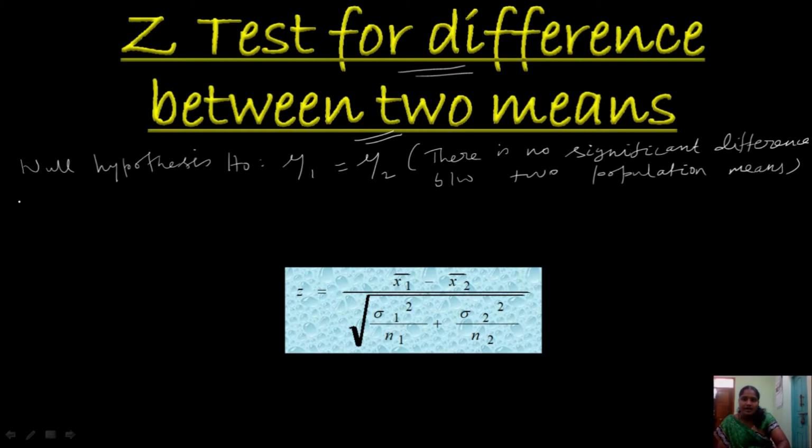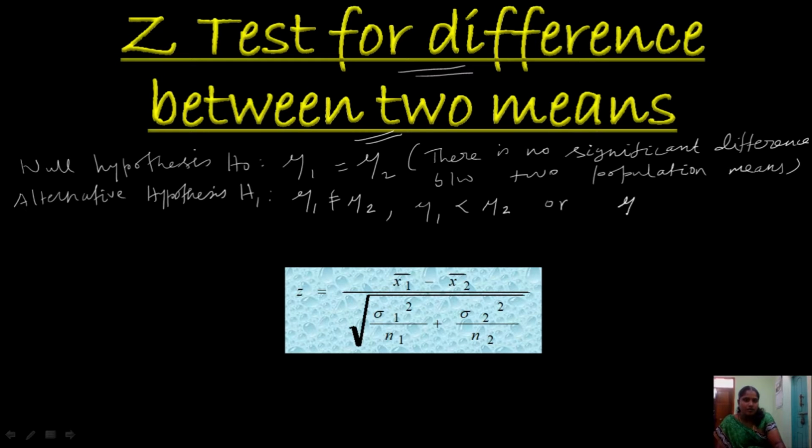Alternatively, I am going to set up my alternative hypothesis, that is denoted by H1. It may be mu1 is not equal to mu2, or mu1 is less than mu2, or mu1 is greater than mu2.